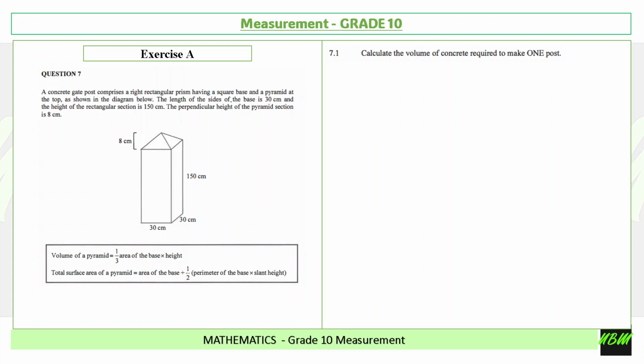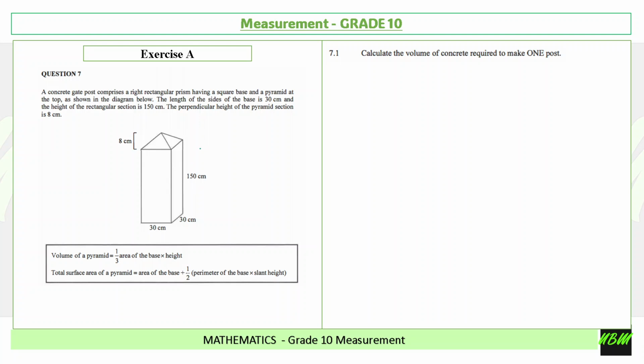The length of the sides of the base is 30 centimeters. We have 30 centimeters, 30 centimeters, and the other two sides. And the height of the rectangular section is 150 centimeters.